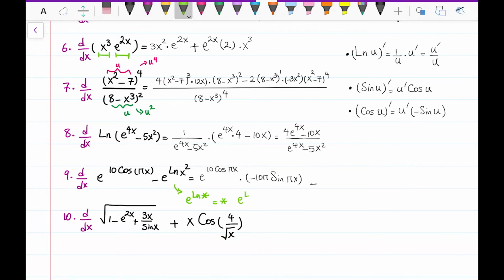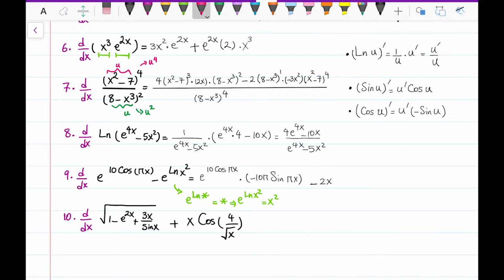So e to the ln of x squared is just x squared. In that case, the derivative of x squared with a negative sign is just negative 2x. I mean, I have a negative sign, and then this part is just x squared, so it is negative 2x. Okay?